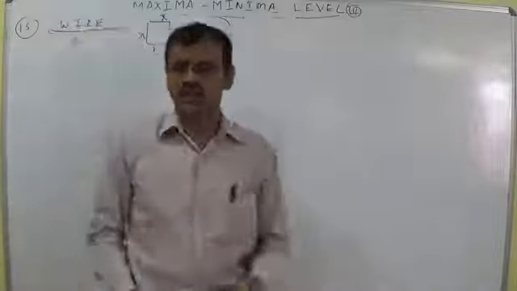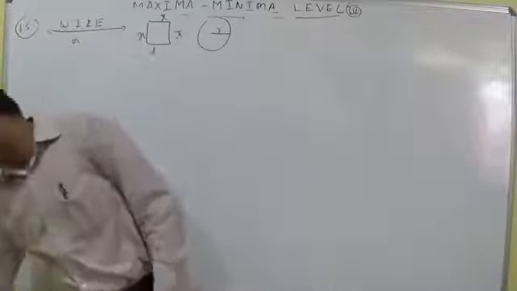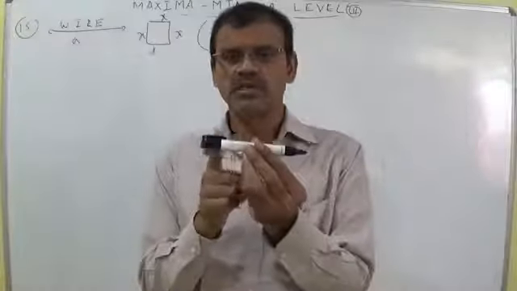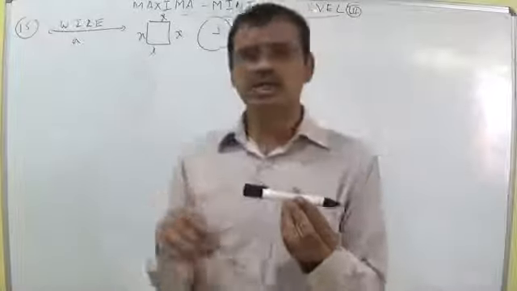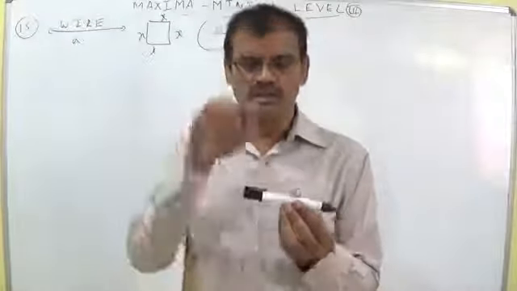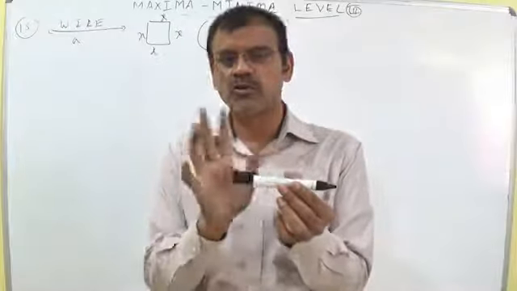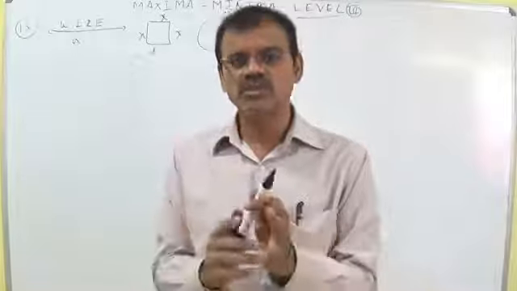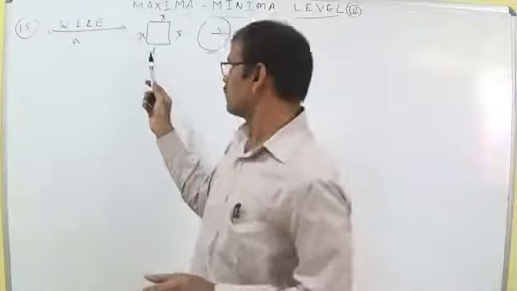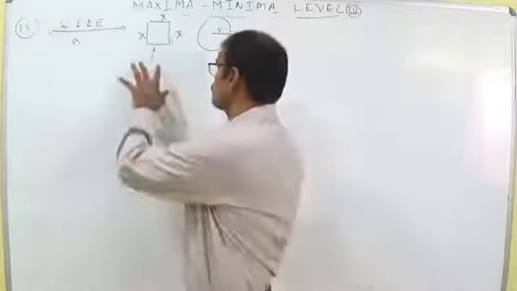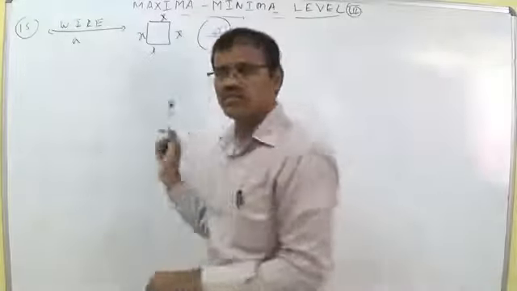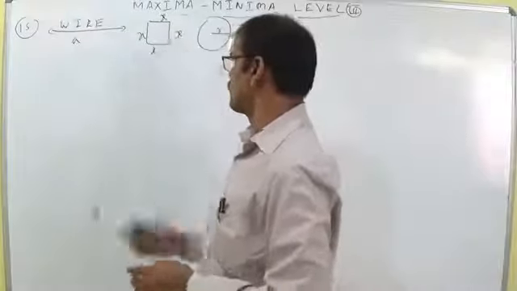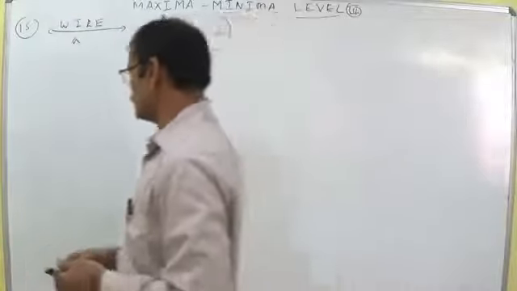Whatever wire is there, it should be bent in the shape of a square and a circle. There is no decrease in the length of the wire. Whatever wire length is given, that wire only is divided into 2 separate parts as a square and a circle.